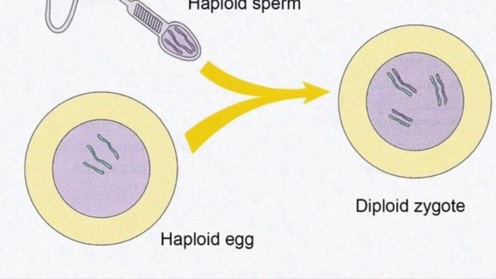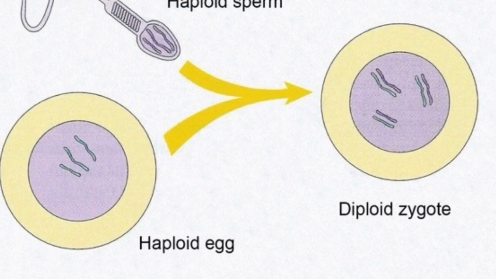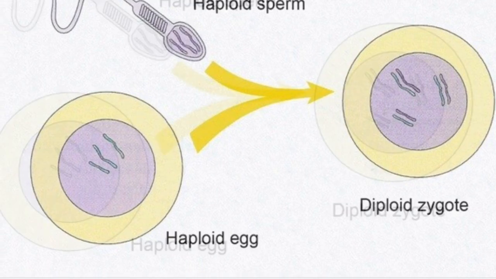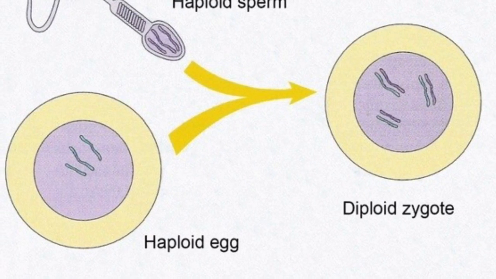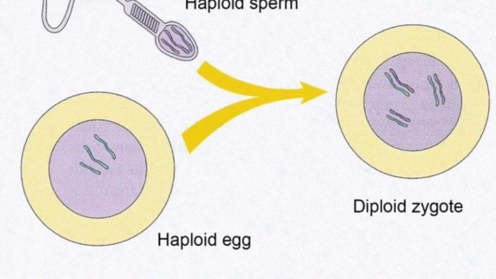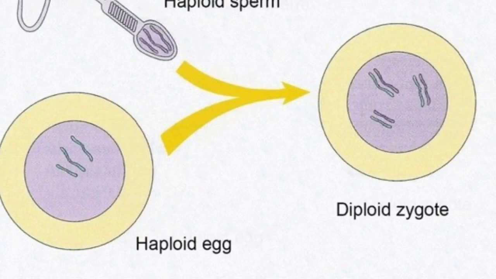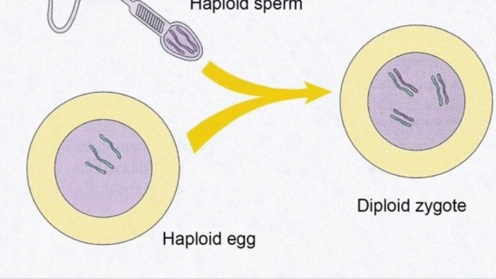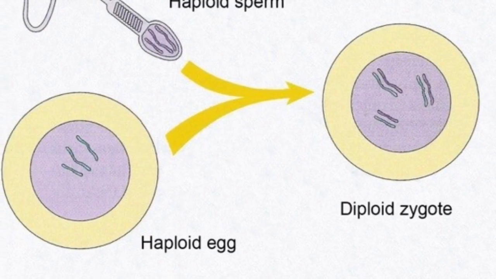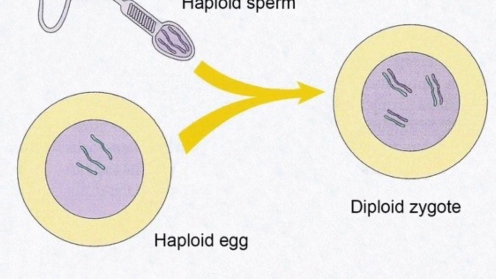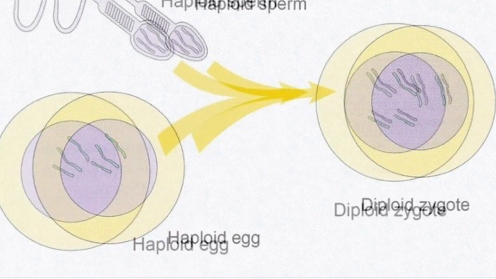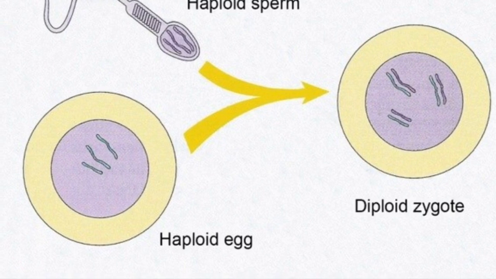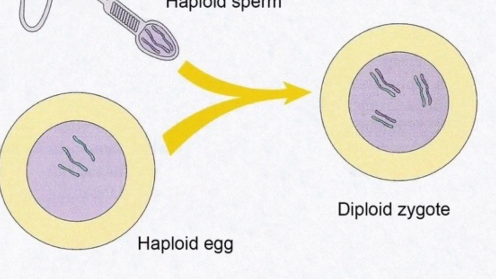But whenever we finish the meiosis process, we're going to end up with haploids. So that means that we end up with half of the sets of chromosomes and half of the number of chromosomes, which means that the haploids are going to have 23 chromosomes, which also means that your mom's egg had 23 chromosomes.